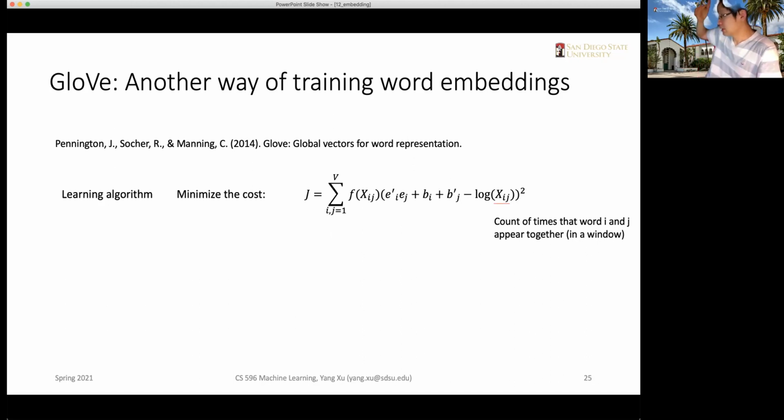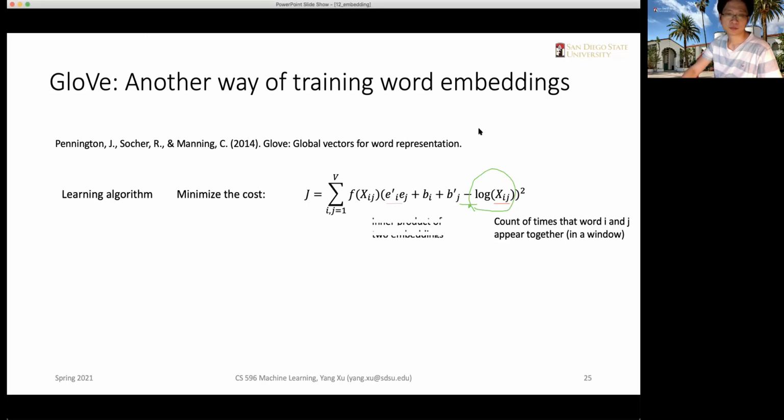So let's think about this intuitively, right? If words i and j appear a lot within the same context, which means they tend to be similar words, because they have similar contexts, right? So that term is applied with, comes with a negative logarithm term, right?